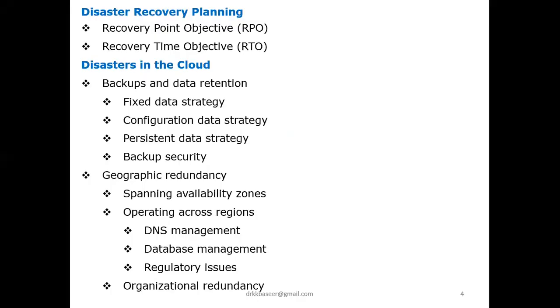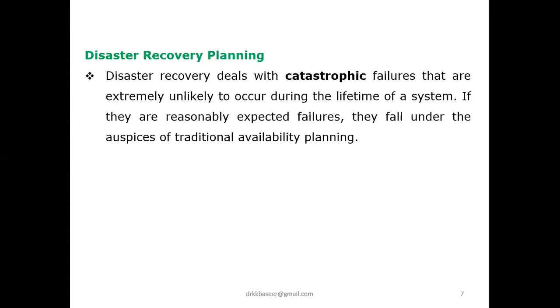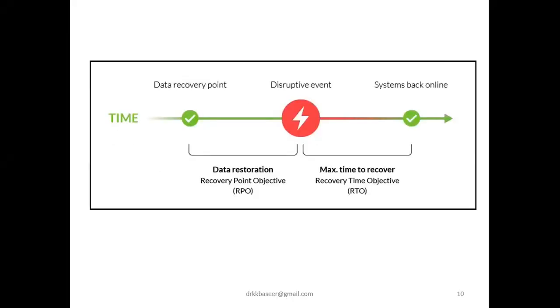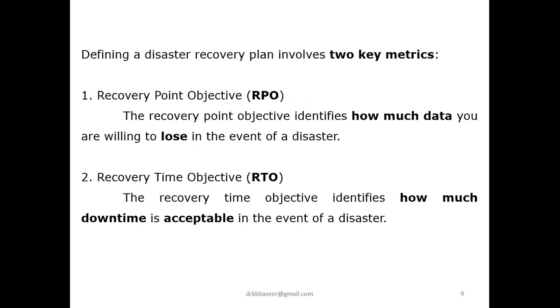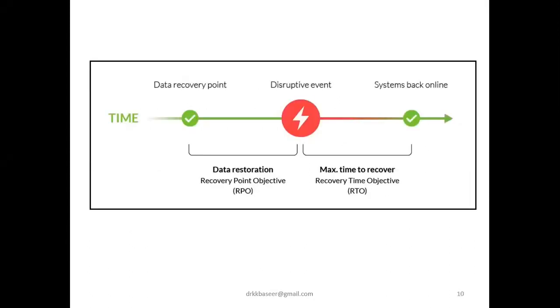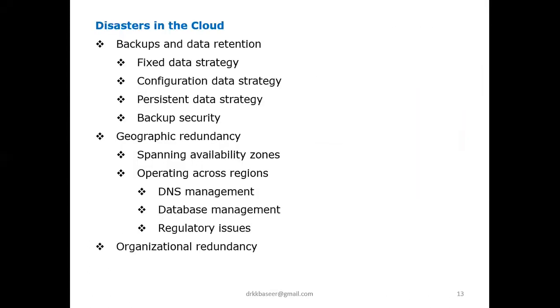Under the two topics we have seen RPO, recovery point objective, as well as RTO, recovery time objective, right? So we have started the second topic, disasters in the cloud.